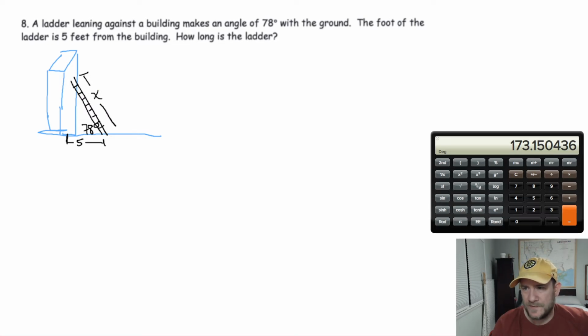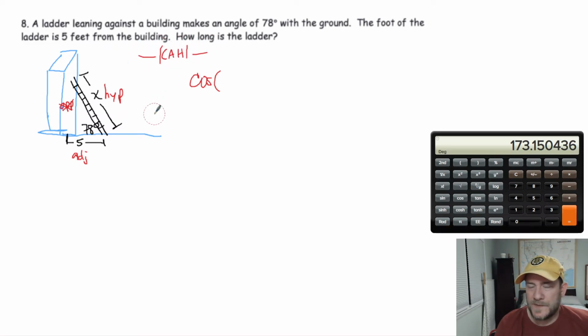I don't like L as a variable. So long, ladder, I'm not using L. So what do we got? The building is opposite. So that's out. So the 5 is adjacent. That's in. And X is our hypotenuse. So with adjacent and hypotenuse, we're going to write a cosine equation. Cosine is the CAH in SOH CAH TOA. Since we have A and H, we know that's what we want. So we'll go cosine of the 78 equals 5 over X. And again, just cross multiply.